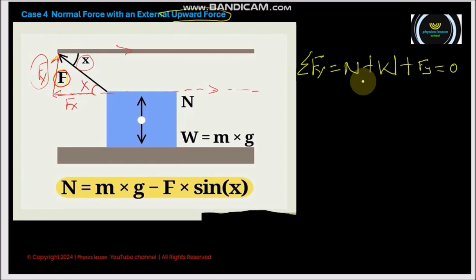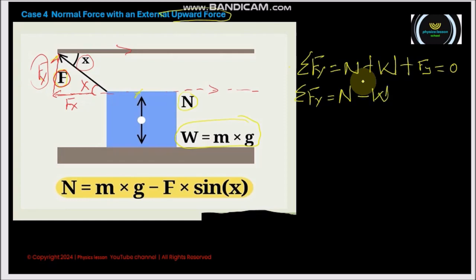Let's see the values, positive or negative. The summation of all the forces across y is equal to the normal force. Its direction, upward or downward? The normal force is upward, that means it's positive. What about the weight? It's downward, so it's negative.